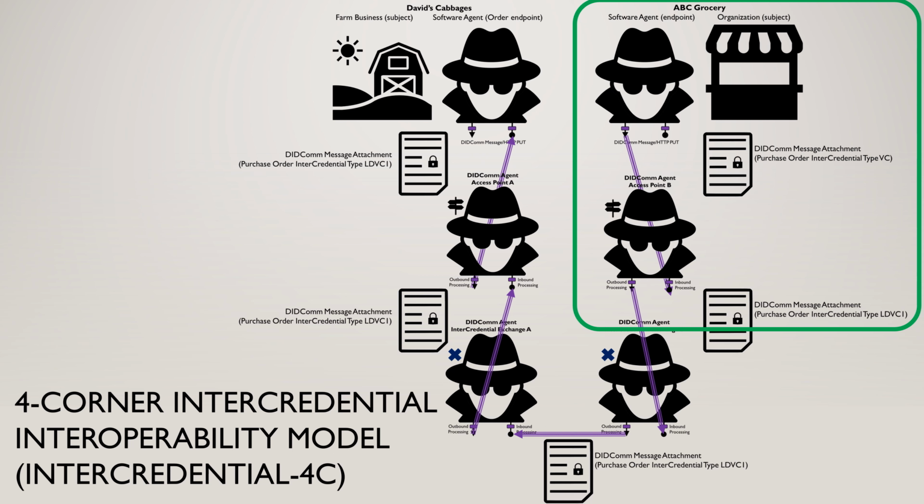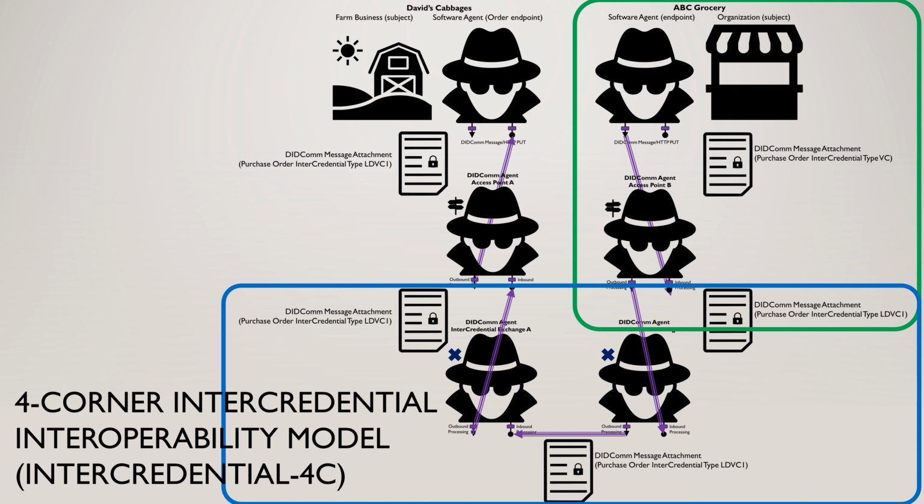And that's going to be received by credential exchange agent A that's paired with access point A. Access point A is going to receive the credential, and it's responsible for taking the LD VC1 formatted credential and just passing it straight up to David's Cabbages, because David's Cabbages, as part of the contract, understands LDVC1s.